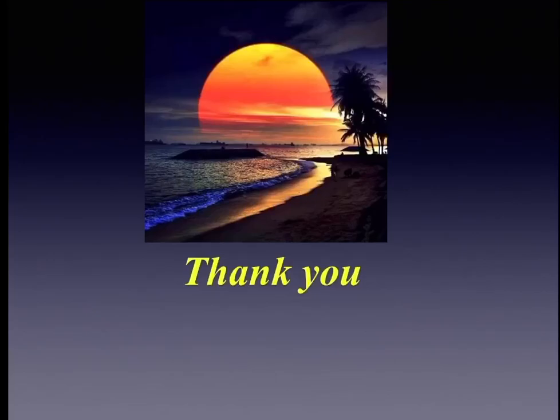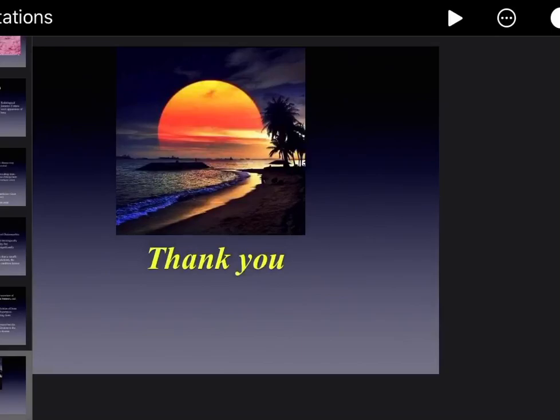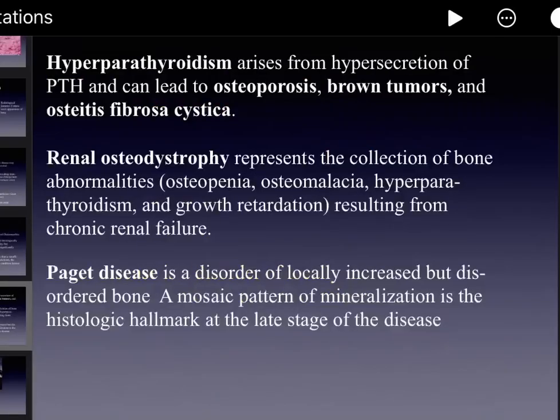Renal osteodystrophy represents the collection of bone abnormalities, that is osteopenia, osteomalacia, hyperparathyroidism, and growth retardation. And lastly, Paget's disease is a disorder of locally increased but disordered bone. Thank you.